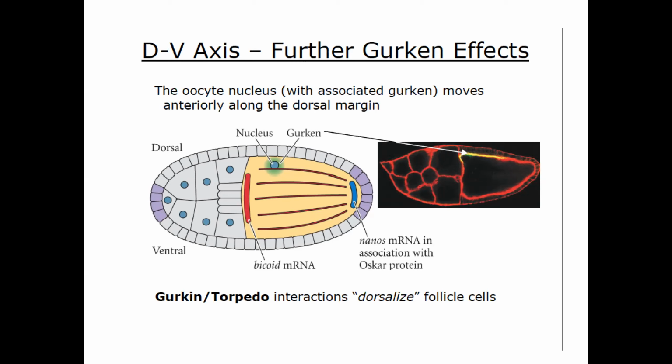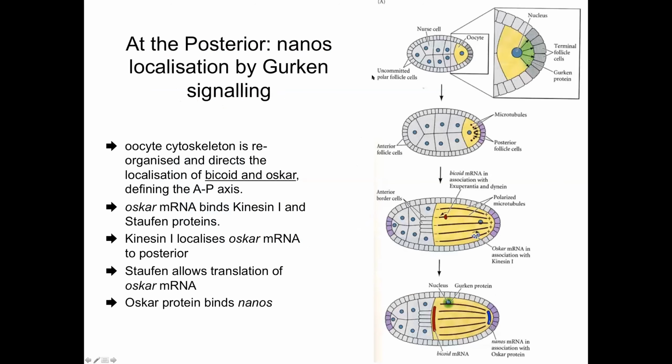It is translated locally, and as a result, it activates the torpedo signaling wherever the nucleus is. So the surrounding nucleoplasm is rich in gurken mRNA binding proteins, and gurken is then, as a result, very locally translated there as well. I see. So in the initial image, the nucleus was closer to this end.